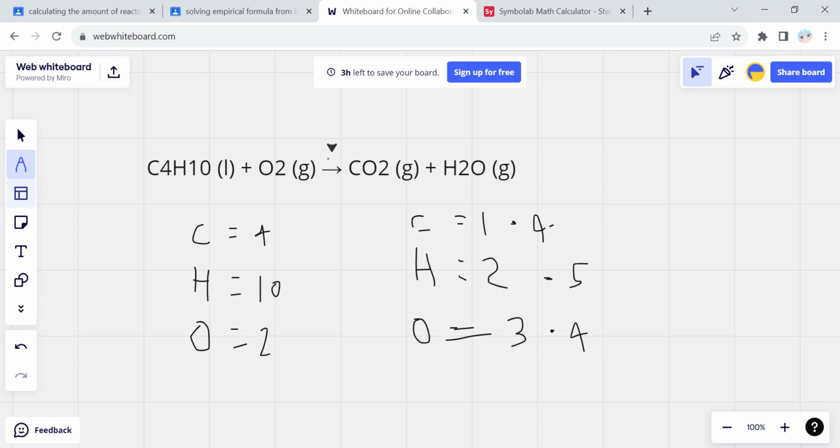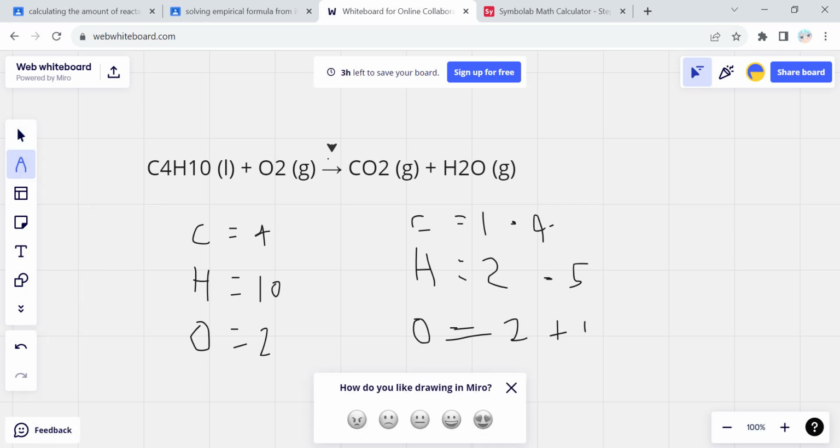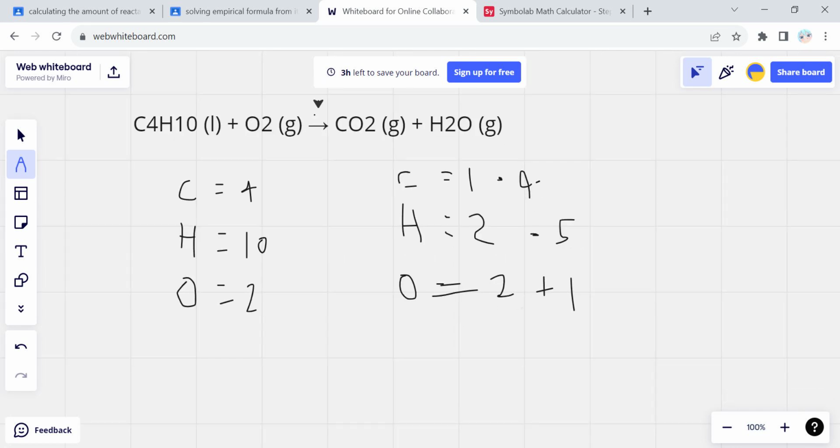But if you add 4 here, you also have to multiply 4 here. Let's actually separate them. You have to multiply 4 here, which becomes 2 times 4, 8 plus 1, 9. And you also have to multiply this by 5.